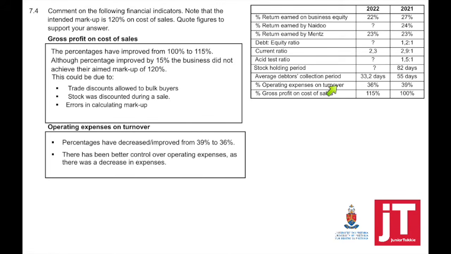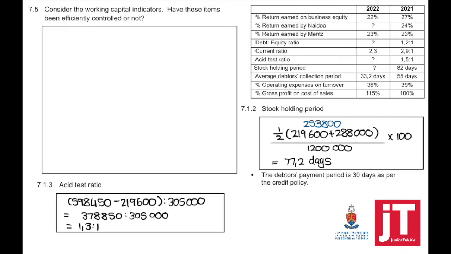Now, you would expect your expenses to go up, but in this case, the expenses actually went down. This means that the business has done well to control their operating expenses.